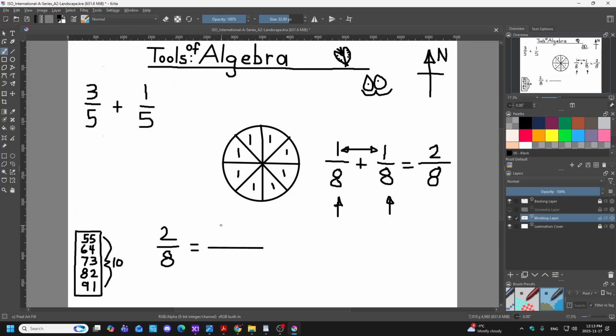The reason we do this is so that we could do this. You could call it reducing, you could call it canceling. That's what we're doing. We could do this because 2 divided by 2 is equal to 1, and any number multiplied by 1 is just going to give you the same value.